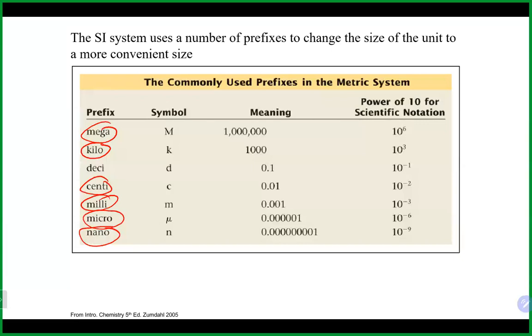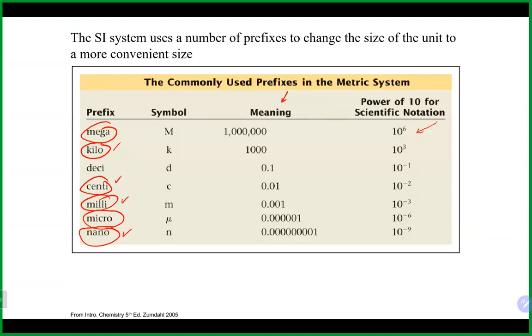And there are different meanings here that you can use. These are more the decimal meaning of what each of these means. Oftentimes people will use the scientific notation meaning of each of these prefixes. I think we might have touched upon it earlier on, but just to remind you, when you use any of these prefixes, which you should definitely know for our class: kilo, centi, milli, and nano.